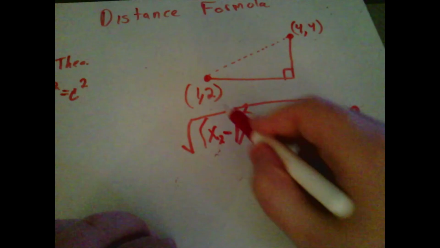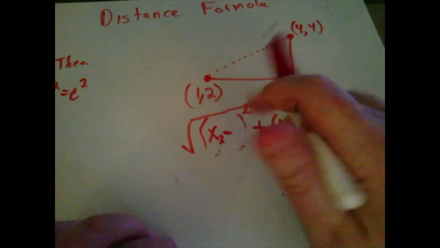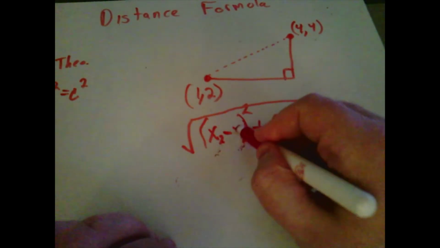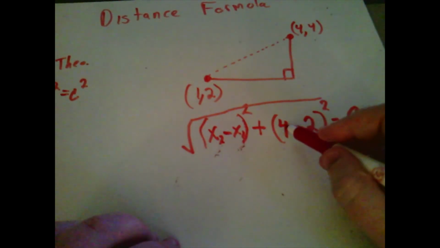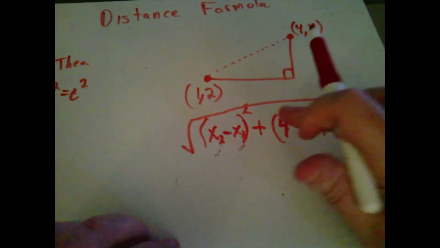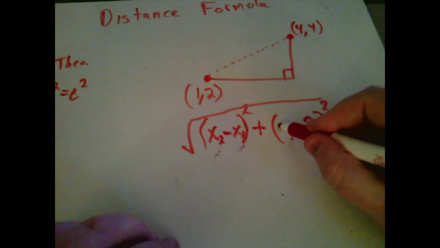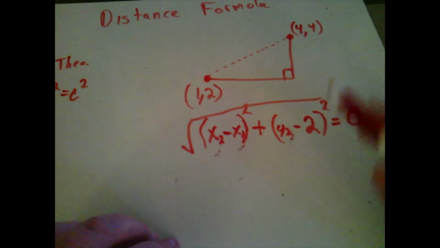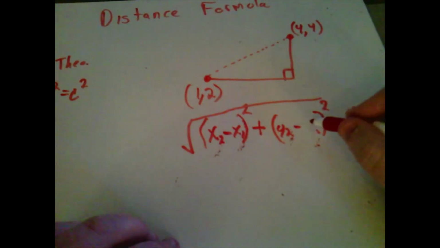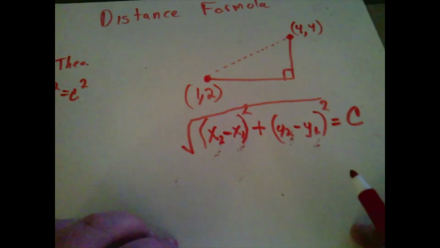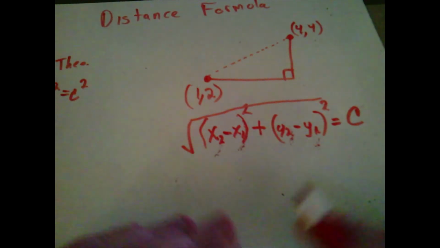Likewise, this was the first x coordinate in our plane. So let's call that x sub 1. Over here, this 4 here, that was the second y coordinate. Let's call that y sub 2. And this 2 here, that was our first y coordinate. All right.